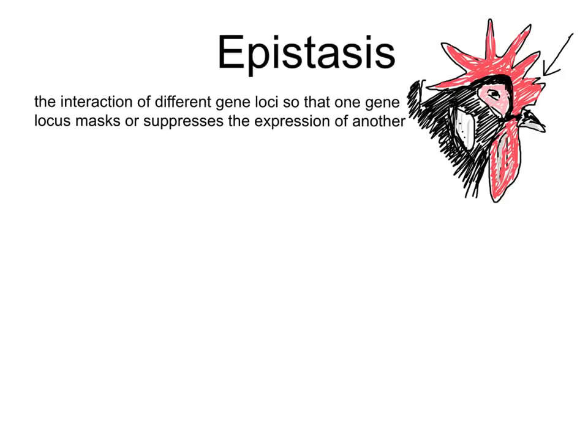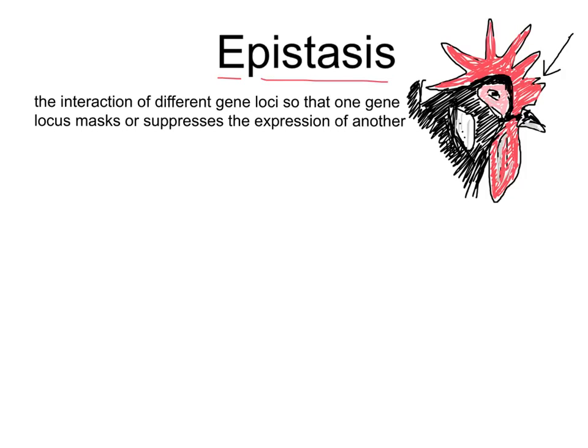Now, that we've since proved to be incorrect, because what we actually have is an interaction of different gene loci, being the location of the gene on the chromosome, so that actually one gene locus can mask or completely suppress the expression of another. And that's what we mean by this title here of epistasis.